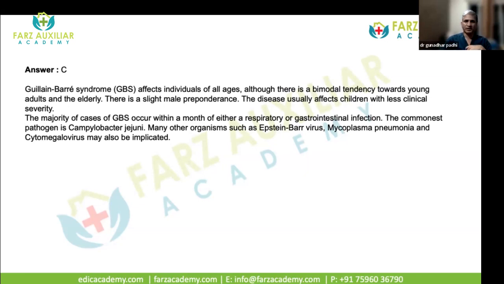Very important is the respiratory illness: usually it is not that common, but it can happen following a respiratory illness. Sometimes this paralysis is ascending and can involve the respiratory muscles, and it can cause autonomic dysfunction. This is one of the questions. Patients can also develop different types of polyneuritis and neuropathic pain-like symptoms.